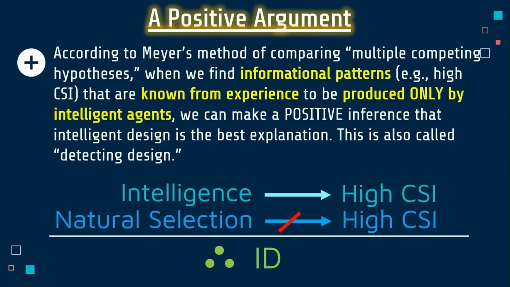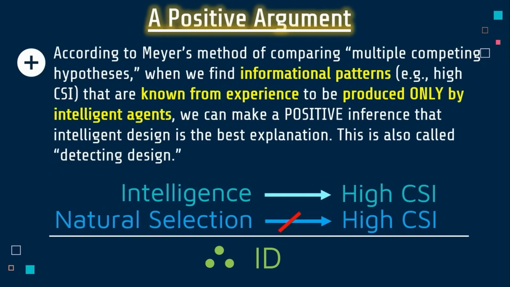So basically, we're looking at different hypotheses and seeing which ones can explain the most data in the world around us. So the way this would work with intelligent design is when we find informational patterns which are known from experience to be produced only by intelligent agents, then we can make a positive inference that intelligent design is the best explanation. And this is what we might call detecting design.